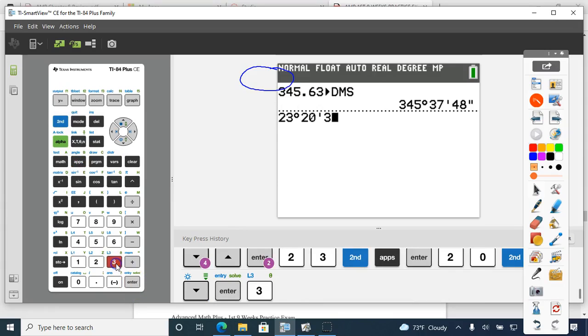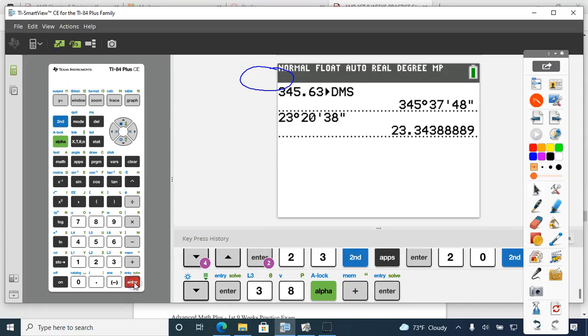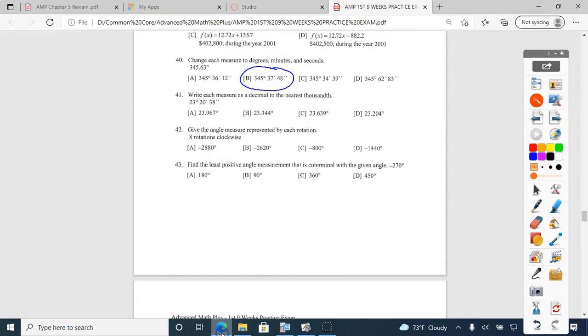And then 38 minutes. The minute sign is alpha plus. And then just hit enter, and it will give it to you as a decimal. You just have to round that to the nearest thousandth. So that'd be 23.344, which is B as well.